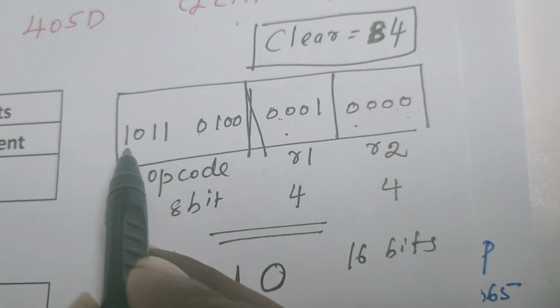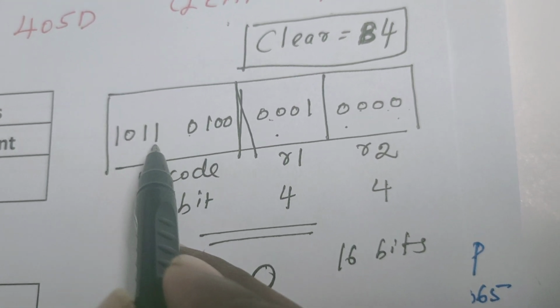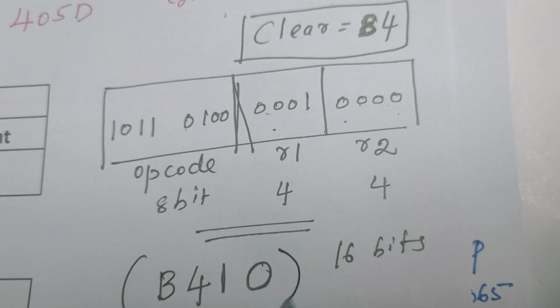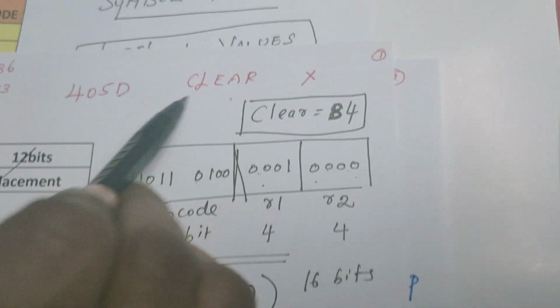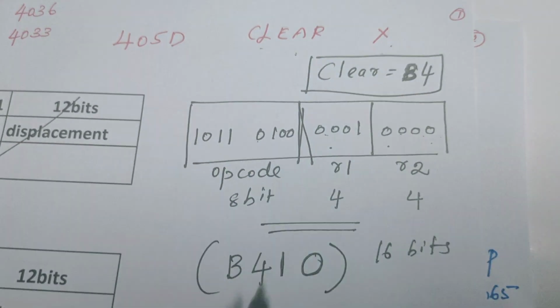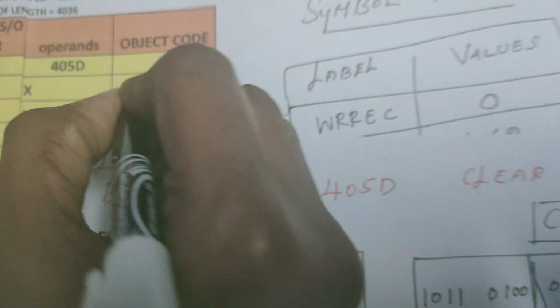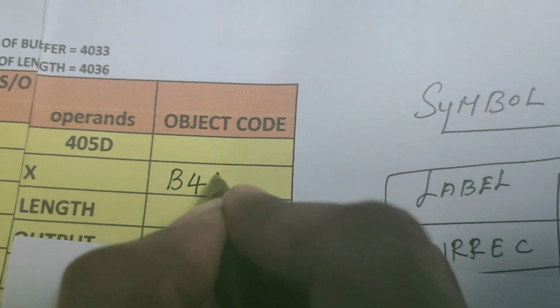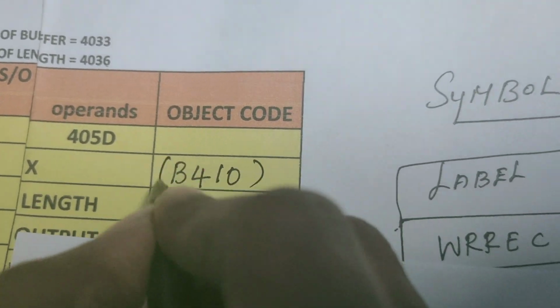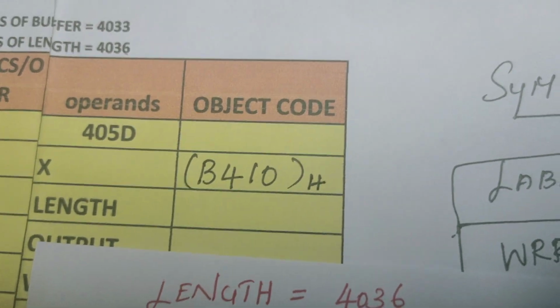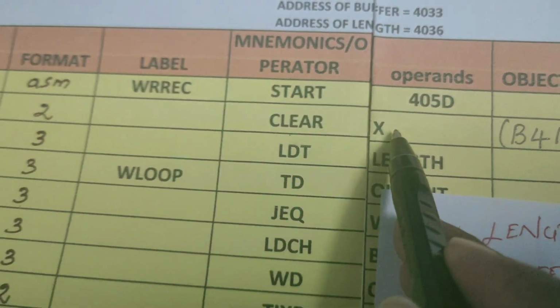For this group of 4 bits, the hexadecimal equivalent is B. So for the instruction CLEAR X, the corresponding object code is B410. B410 is the object code, written in hexadecimal, for the instruction CLEAR X.